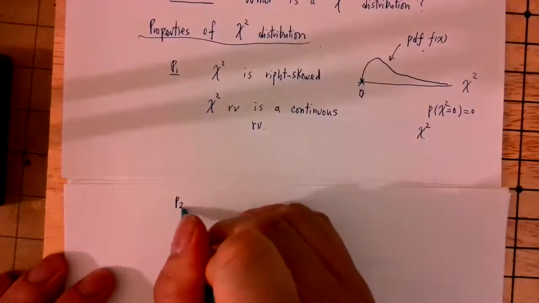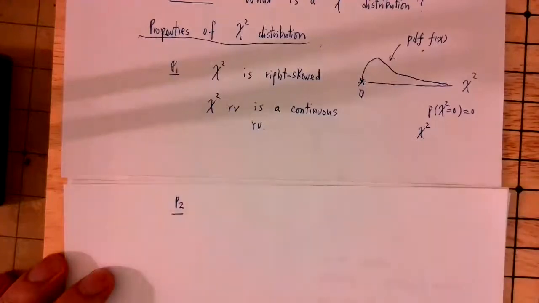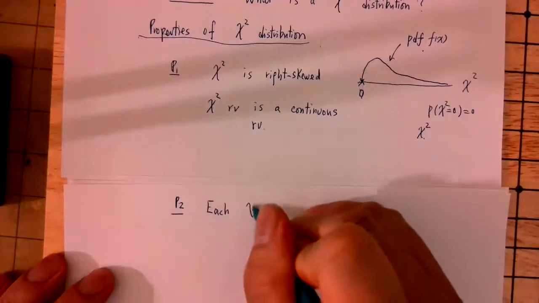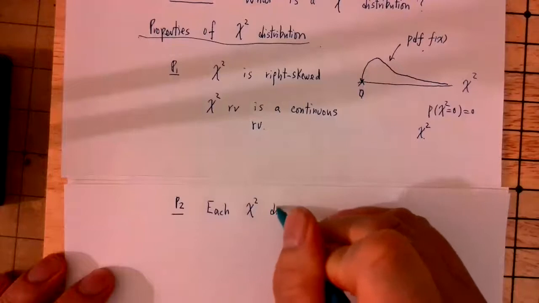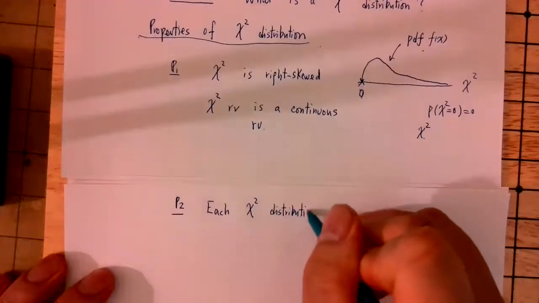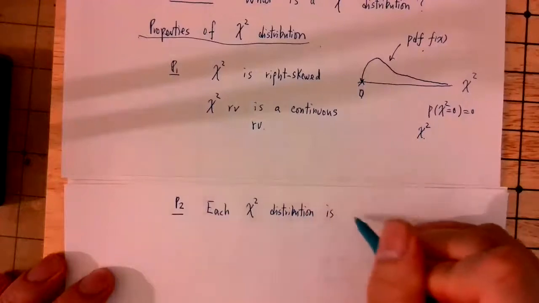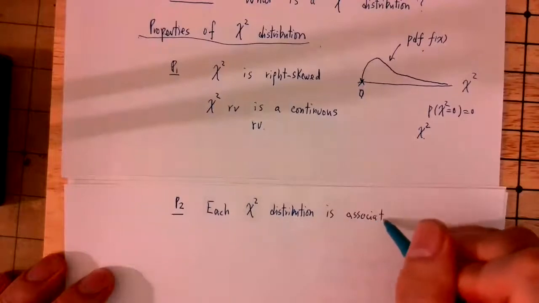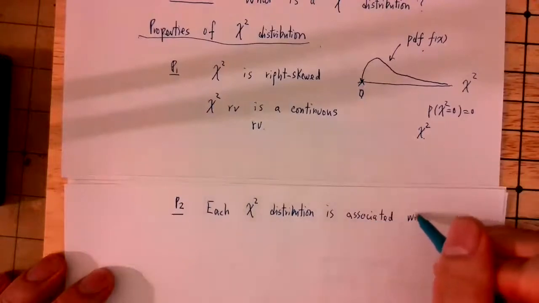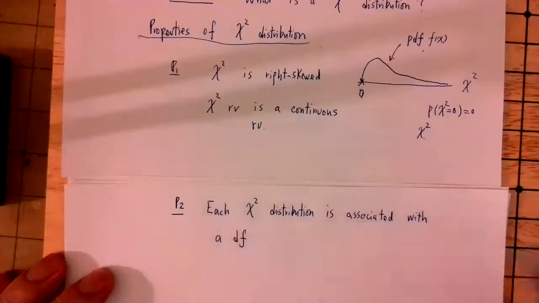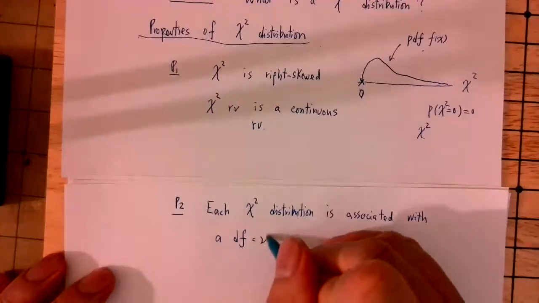Property 2. Each chi-square distribution is associated with a degree of freedom, nu.